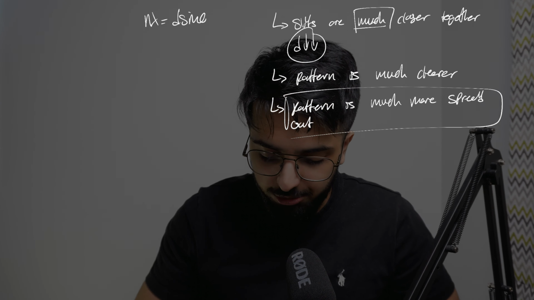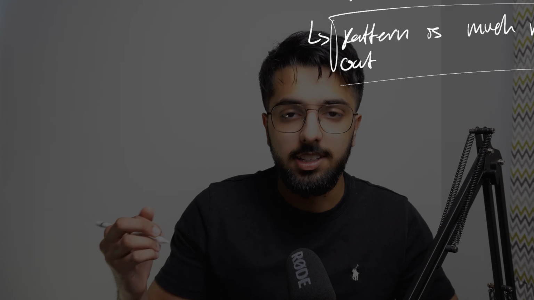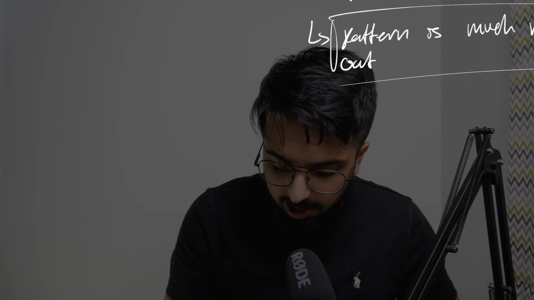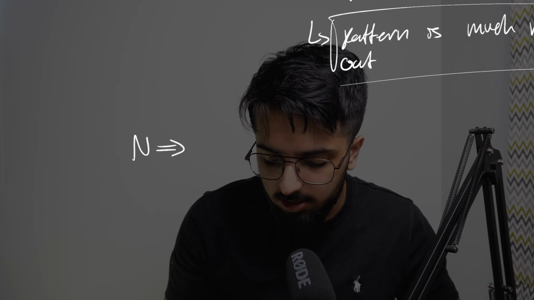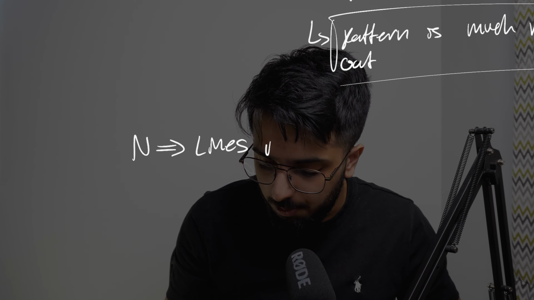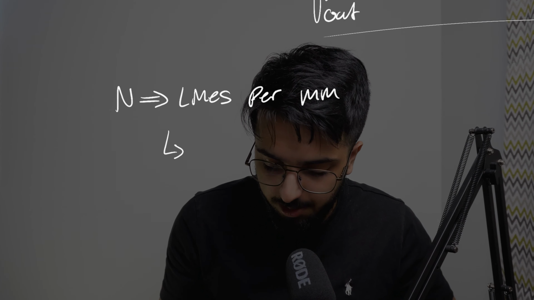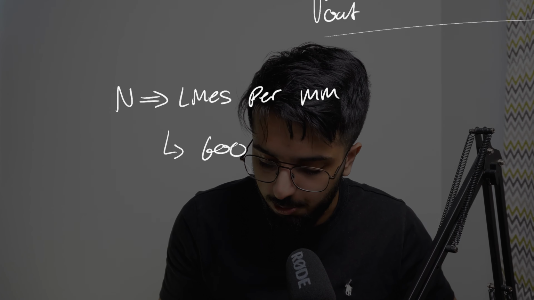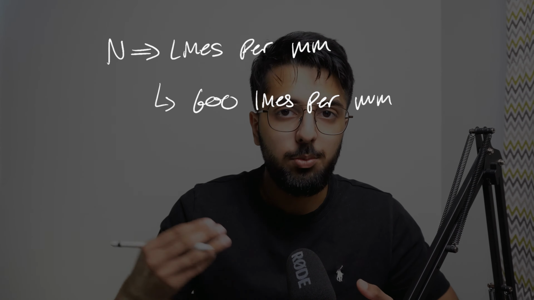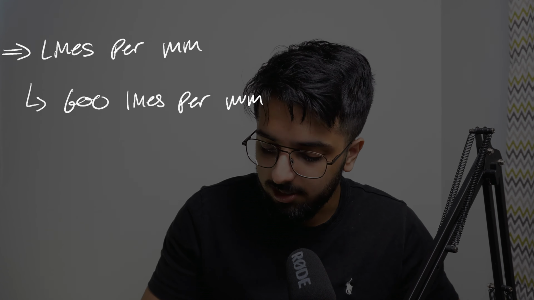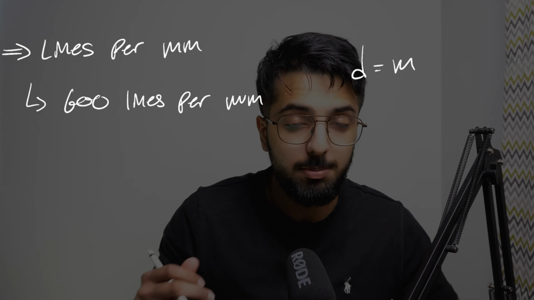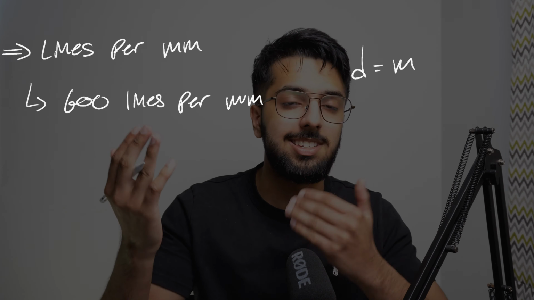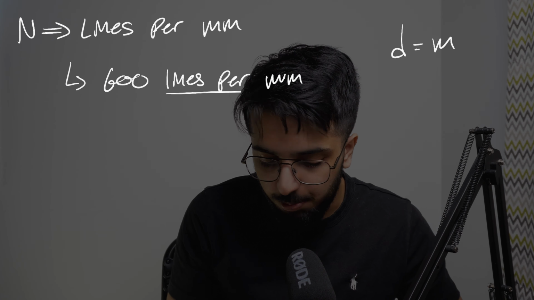Now, for diffraction gratings, we're not usually given a d value. What we're usually given is an n value, which means lines per millimeter. For example, that might be 600 lines per millimeter. So how do we get our d value? Well, d is measured in meters because it's the slit separation, a distance value. However, n is in lines per millimeter.